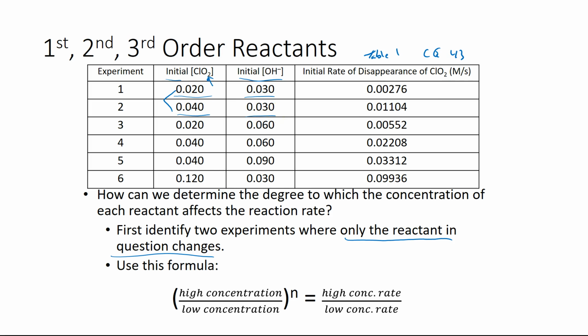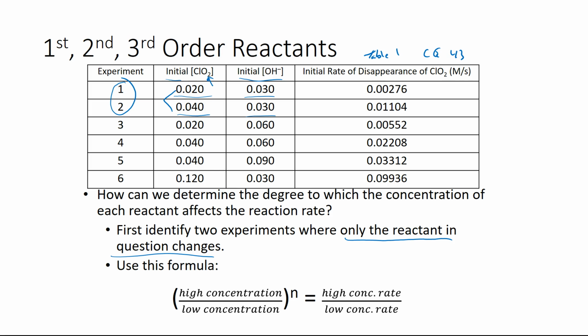So if I want to know my order with respect to ClO2, I can compare experiments 1 and 2 because ClO2 changes while hydroxide stays the same. That is the qualifying detail. To compare 2 experiments to find the order of a specific reactant, only one of the reactants may change concentration between the 2 experiments.